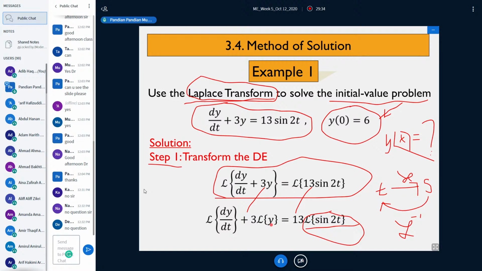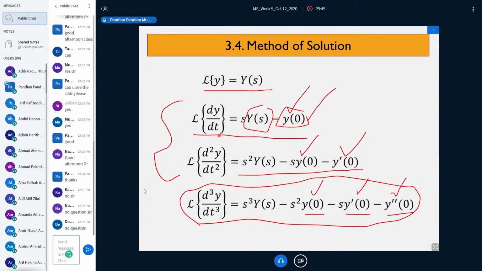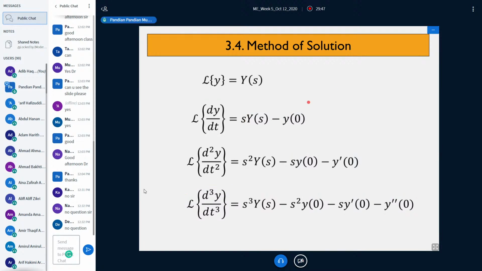But Laplace of y(t) is capital Y(s). Laplace of dy/dt is here, this one. So you take this one, and for Laplace of y, you must use Y(s).